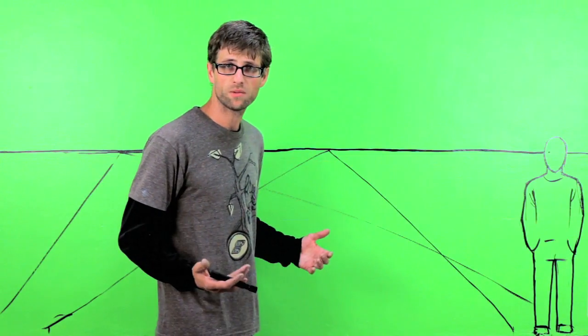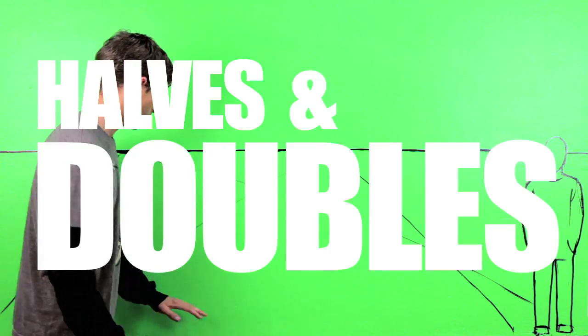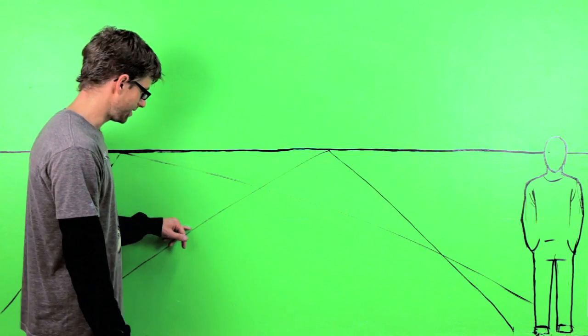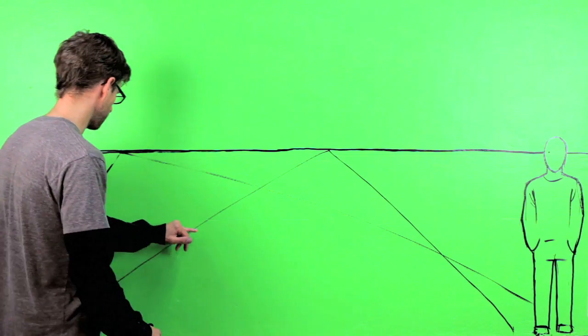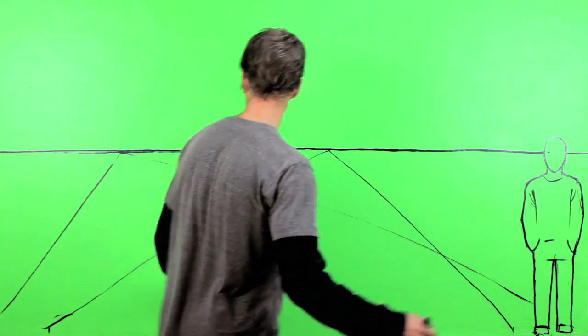So now I'm going to establish some distance markers using what I call the rule of halves and doubles. At half of the distance to the horizon from the base of the picture, the distance is double what it was at the base. So I'm just going to draw a line right through the middle of this picture.